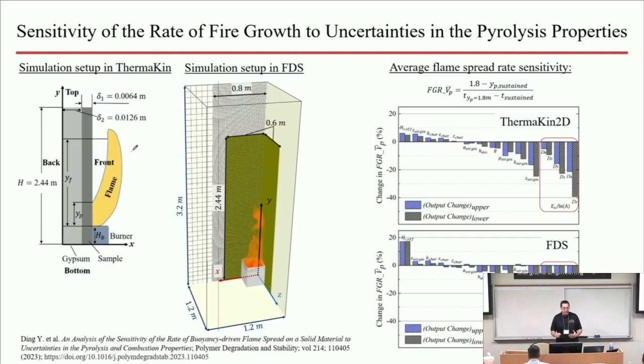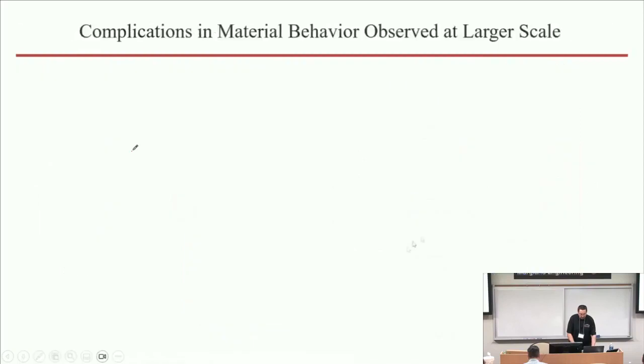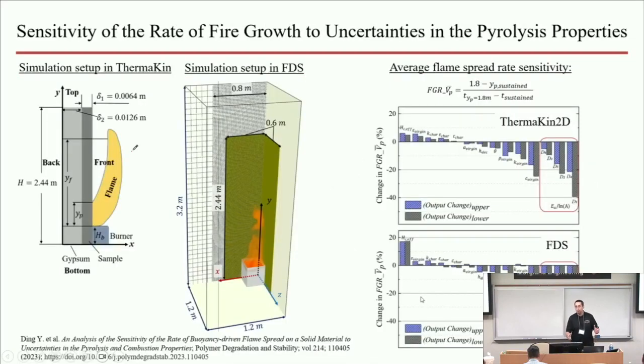And you try to understand how impactful these uncertainties are on the rate of spread in this test on the left, which is our key category when looking at the rate of fire growth, average rate of spread. The diagram on the top is Thermokin, and the other is FDS. My point here is they all give you more or less the same results.